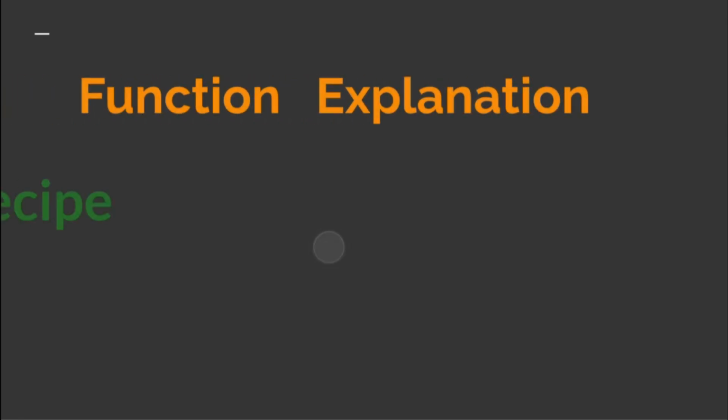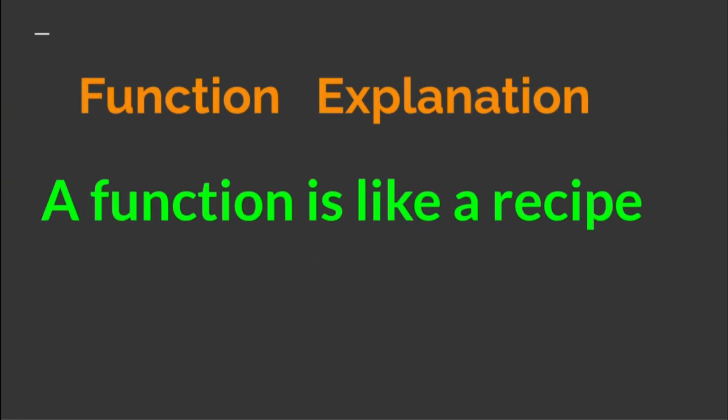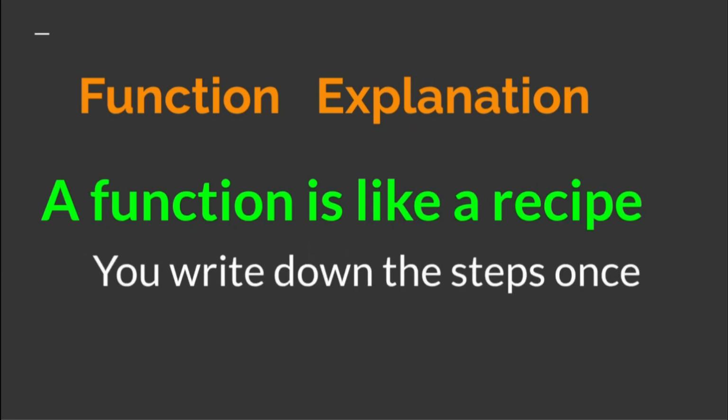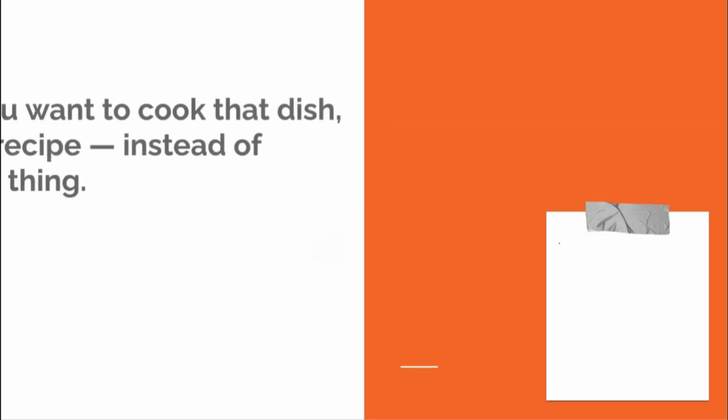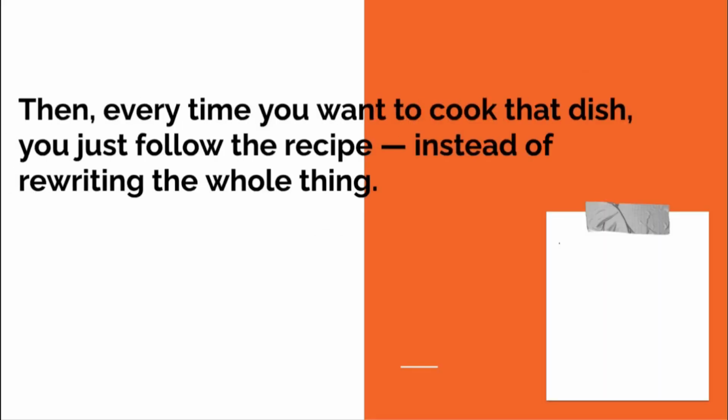I want you to see function as a recipe, where you would need to write down the steps that you need to take, once and for all. You look at the steps that you need to take to actually prepare that recipe. So instead of rewriting the whole thing, you just go directly to what you have written down and follow the steps to cook whatever you want to cook.